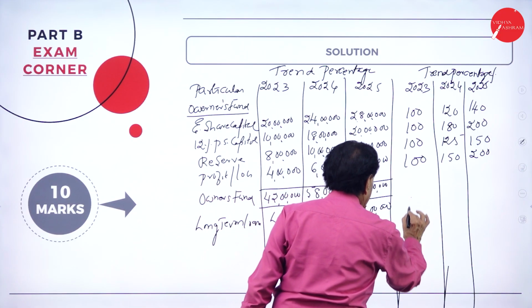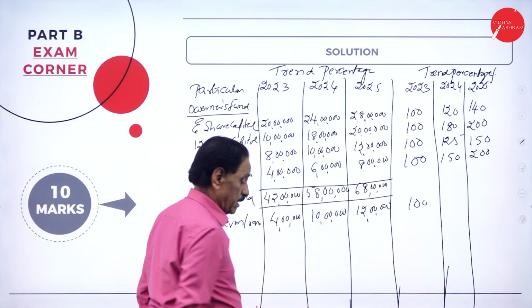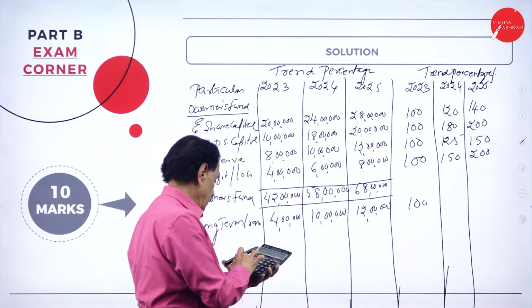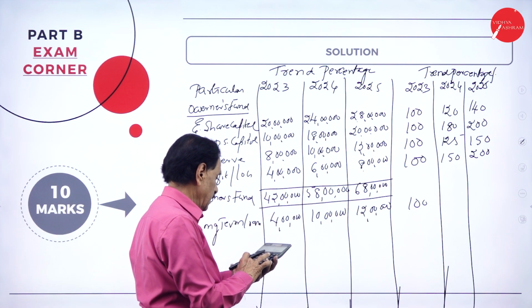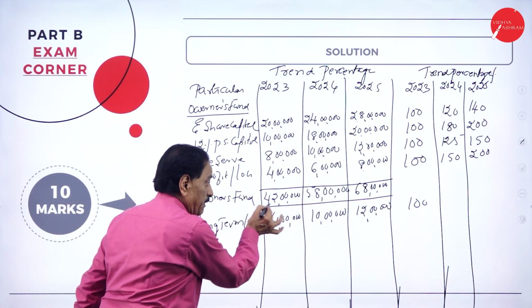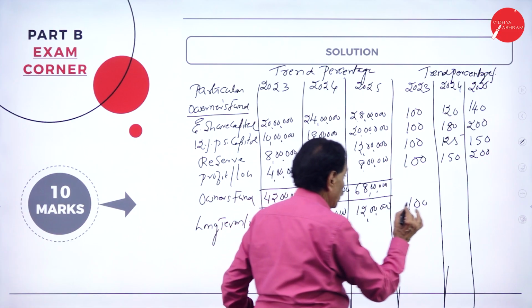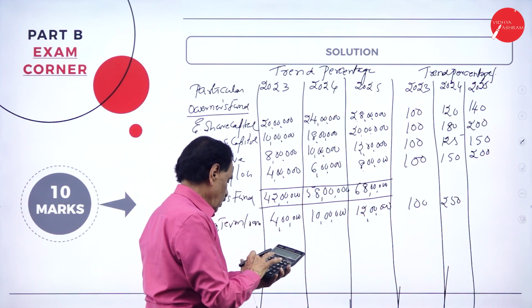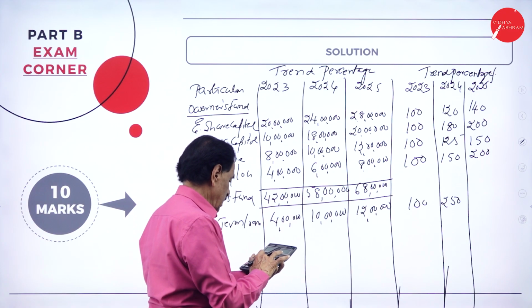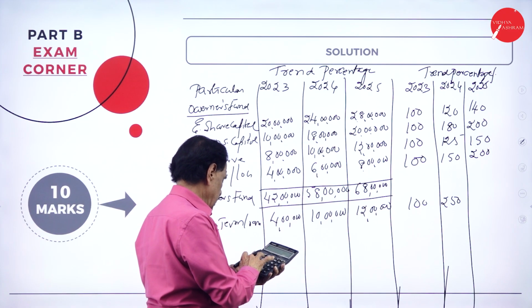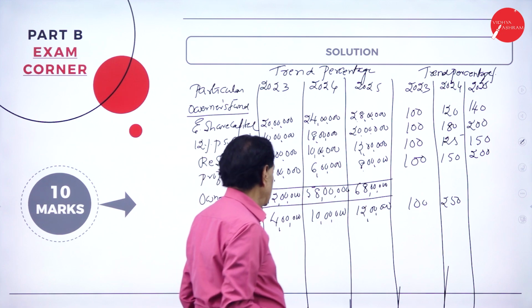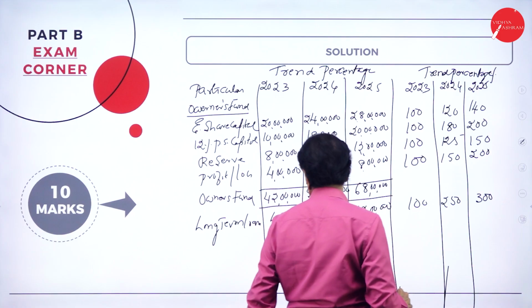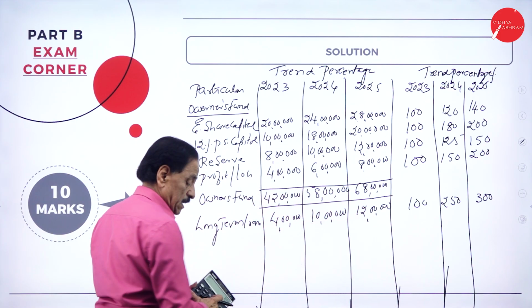So this is 100. So 10 lakh divided by 4 lakh into 100 is 250%. Then 12 lakh divided by 4 lakh into 100 is 300%. This goes to long-term loan.